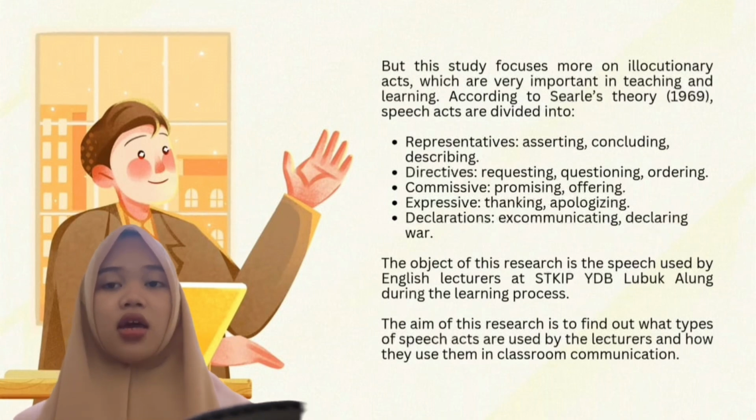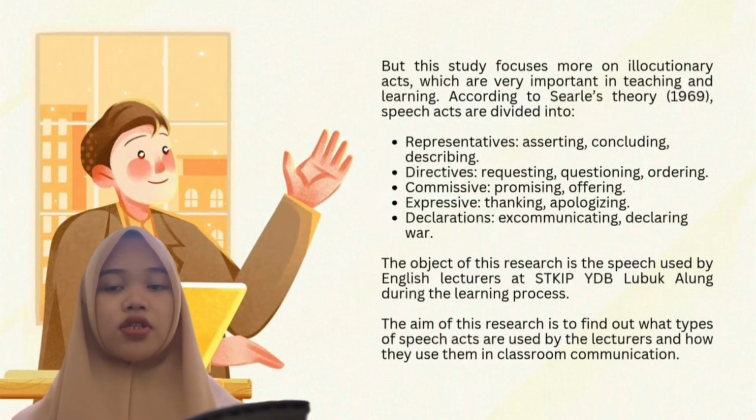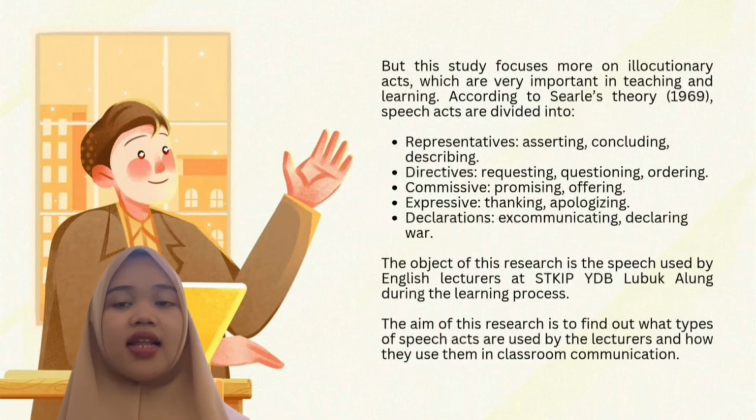The second, directives, asking the listener to do something, like giving instructions or questions. The third, commissives, promising or offering to do something. The fourth, expressives, showing feelings, like saying thanks or sorry. And the last, declarations, words that create a new situation, like saying you pass or you're fired.